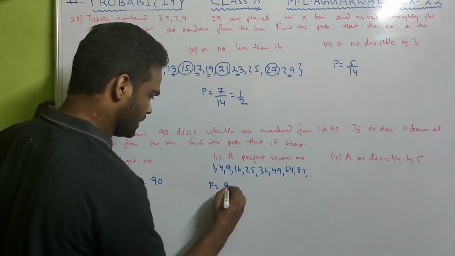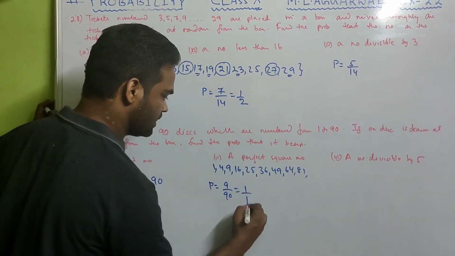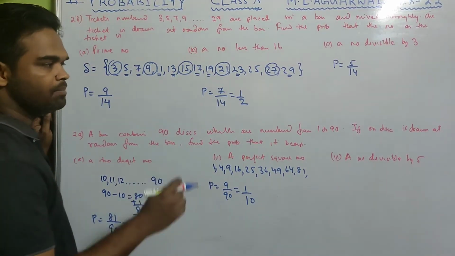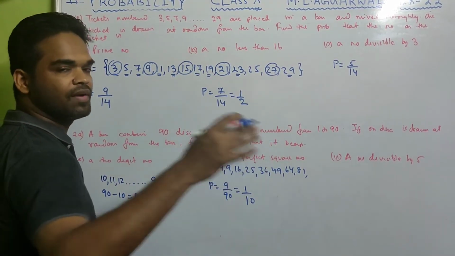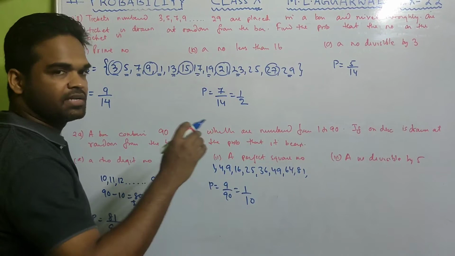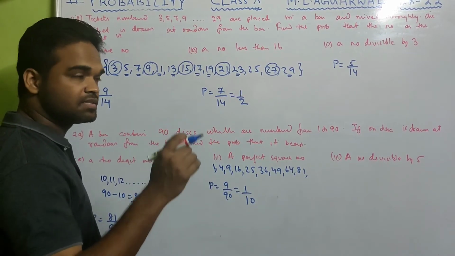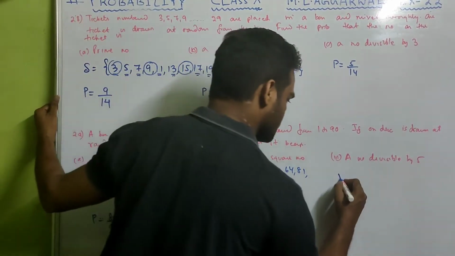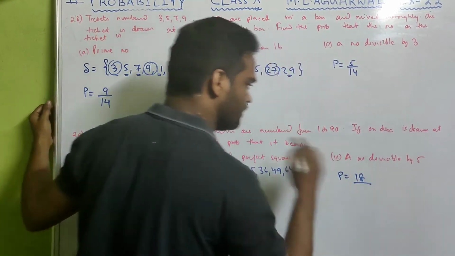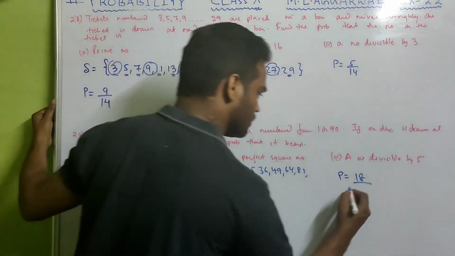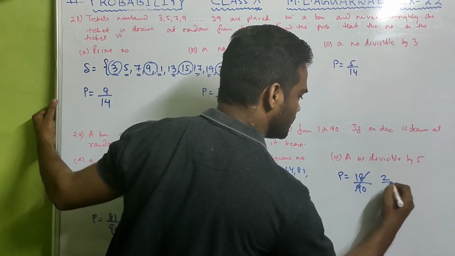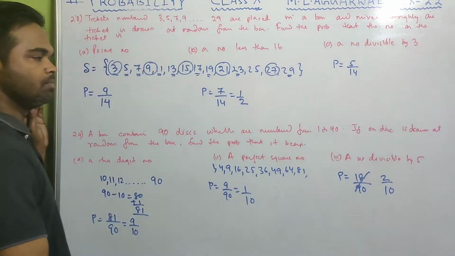So probability will be 9 by 90. That's 1 by 10. A number divisible by 5. I think there will be 18 numbers because 5 18s are 90. So there will be 18 numbers which are divisible by 5 out of 90. 9 2 times, 9 10 times. So 2 by 10.